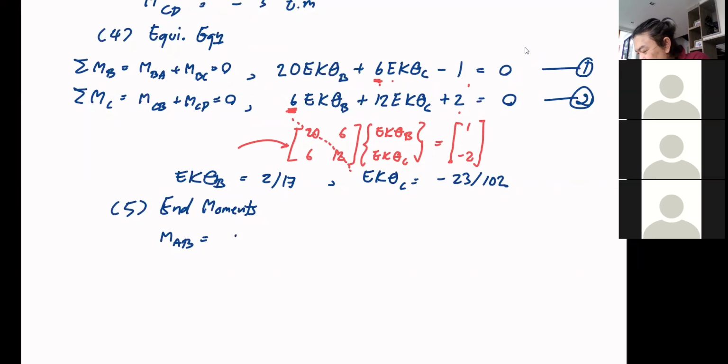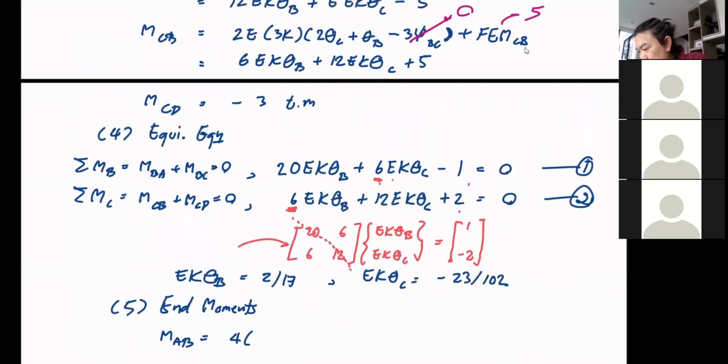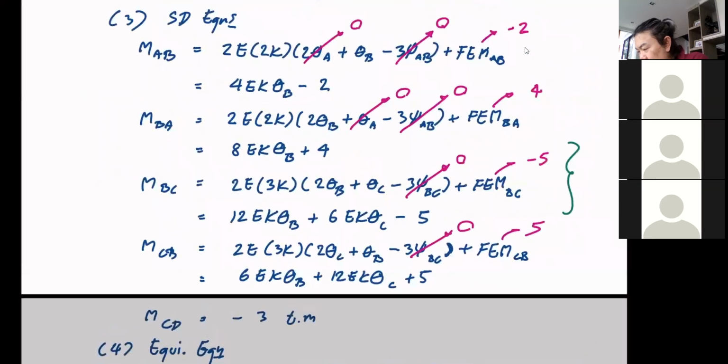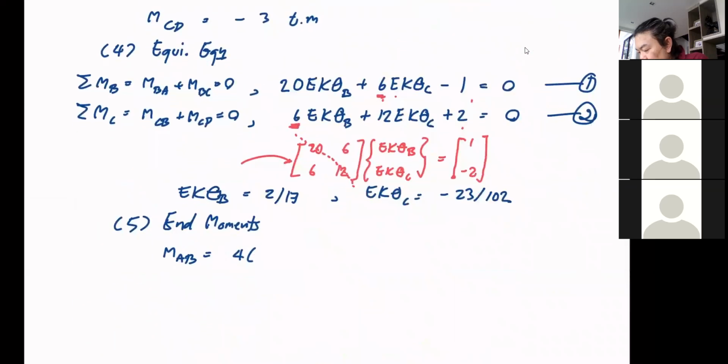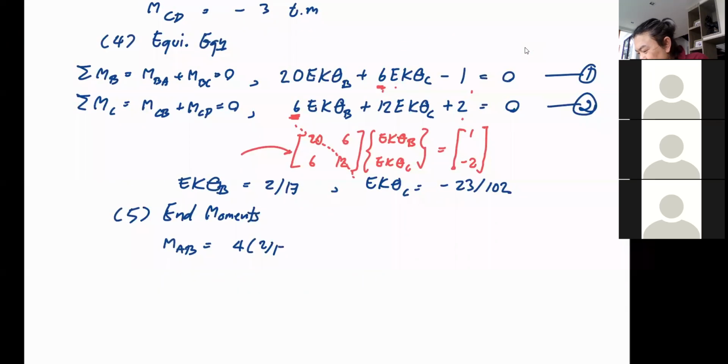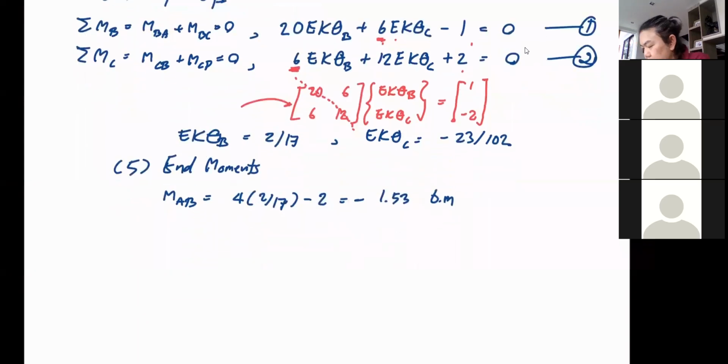So for MAB, it's 4 EK theta B minus 2. So 4 multiplied by 2/17 minus 2. So that is minus 1.53 ton meter.